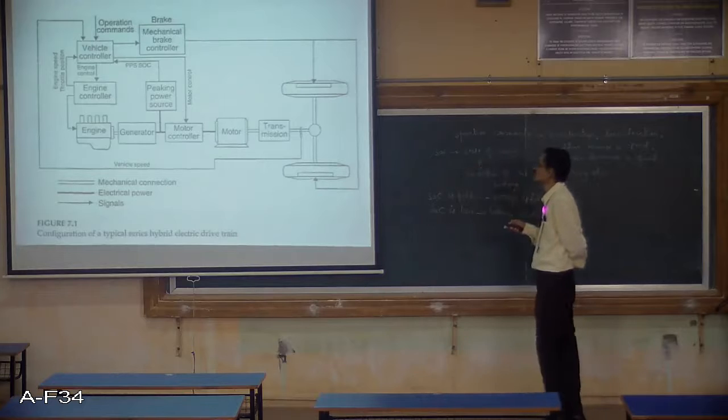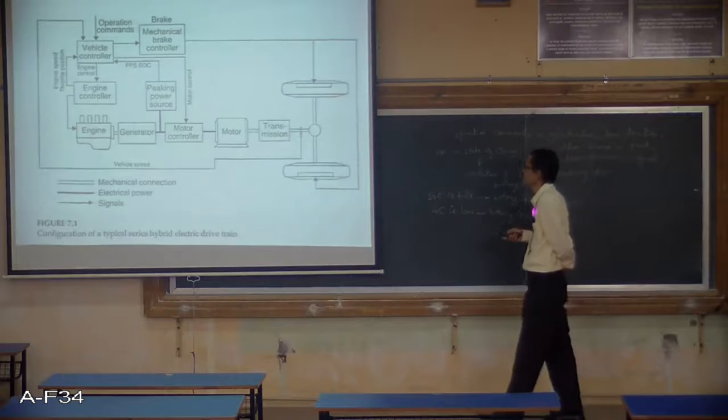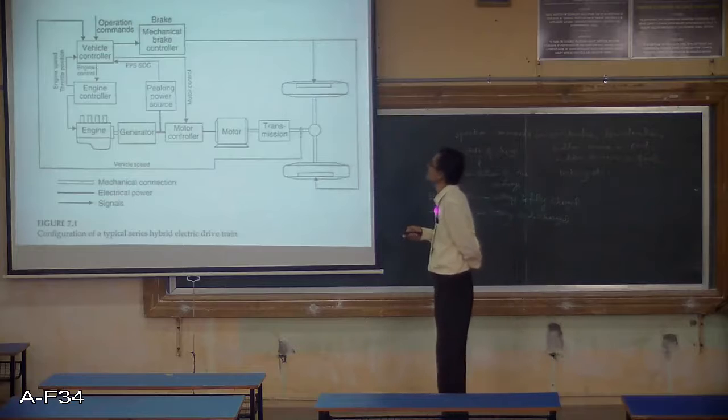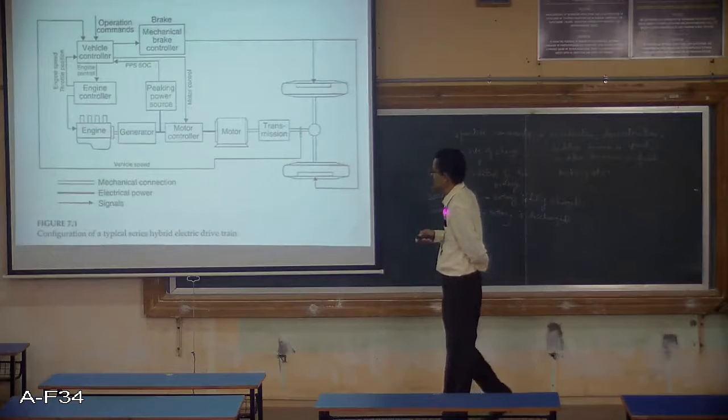So here the peaking power source could be typically a battery which can supply the power to the motor. So here you can see there are inputs: one is the vehicle speed, second one is the throttle position, third one is the SOC of PPS, and fourth one is operation commands from the driver.